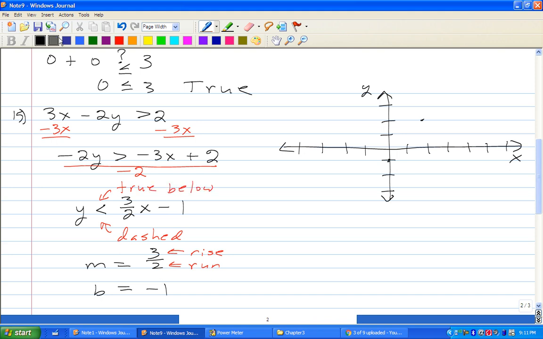Okay, so let's draw the boundary line, so it's going to be a dashed line. And it says here that it is true below. And so below the line, I can shade below.